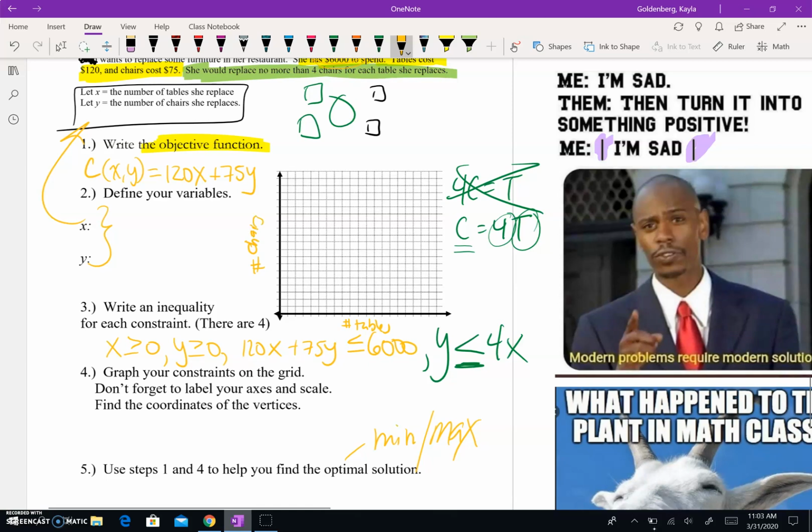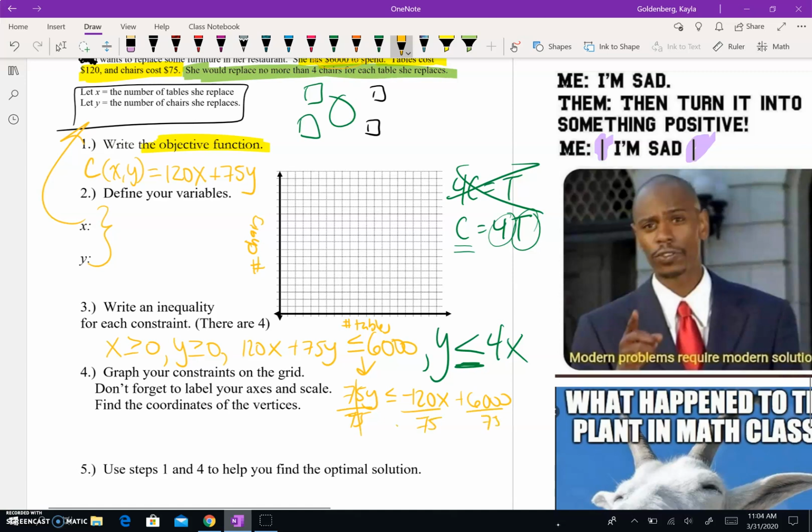The only one that's really going to give me some trouble is getting the bigger yellow one into slope-intercept form. So I know 75y is less than or equal to negative 120x plus 6,000, if I just subtract 120x on both sides. You could also rewrite it with an equal sign as you do your work if that's easier. Then I'm going to divide both sides by 75.